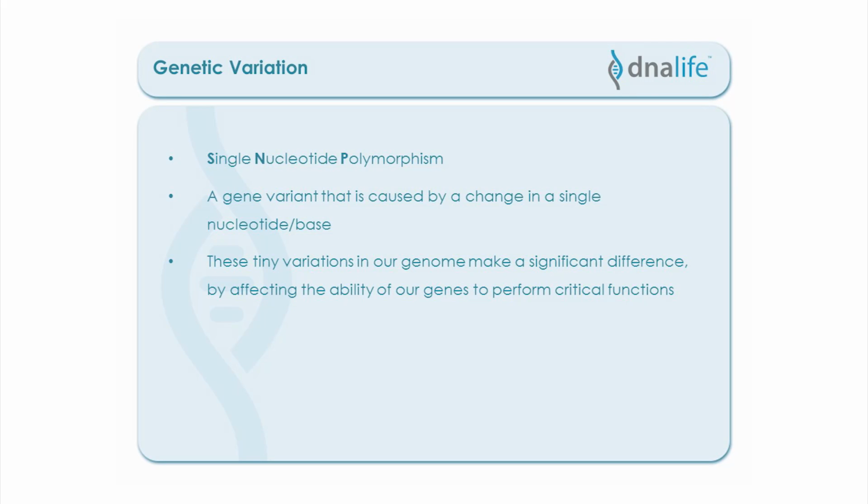So a SNP is a gene variant that is caused by a change in a single nucleotide or base. And these are the tiny variations in our genome which make a significant difference by affecting the ability of our genes to perform their critical functions.